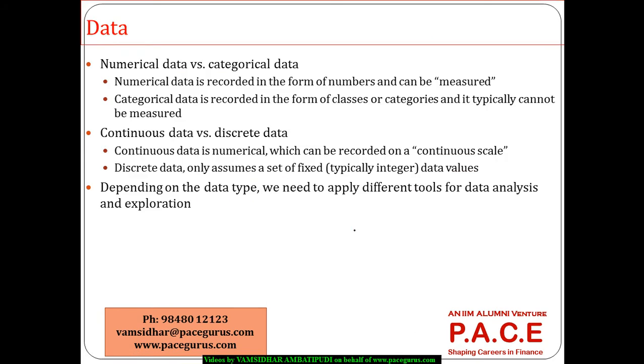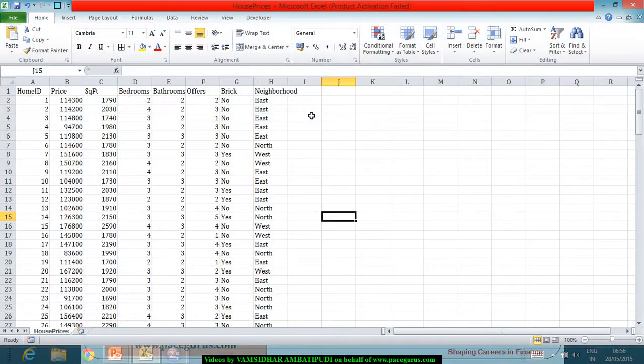And just to understand, data wise, you may have some data which is numerical and some which is categorical. So let me show the example which I am looking at.